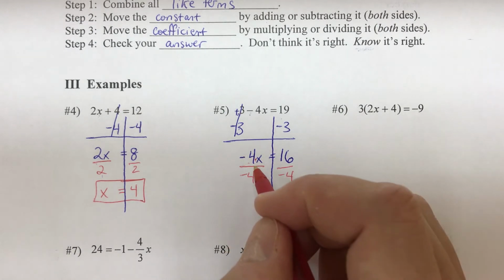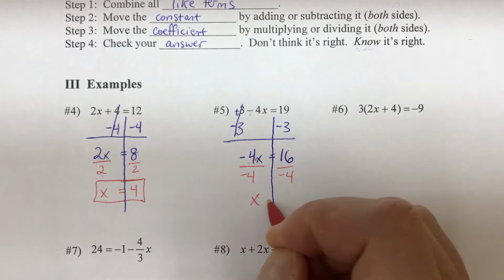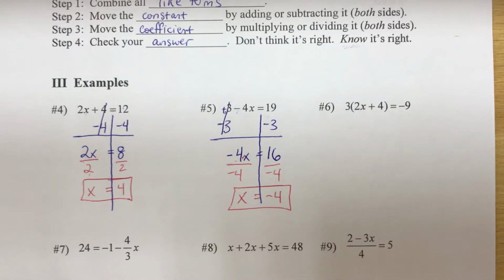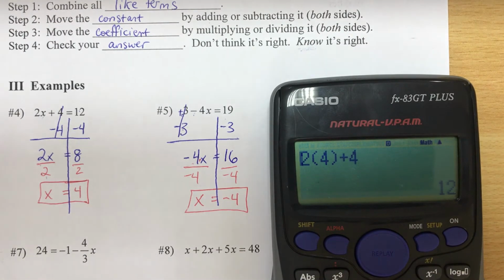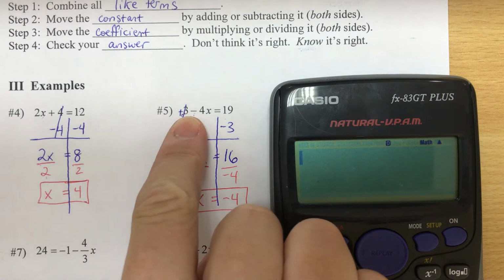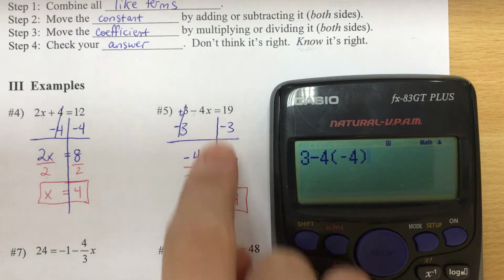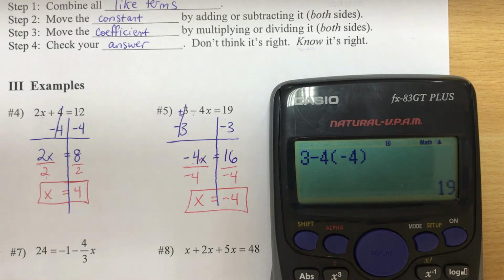We get 1x, positive 1x, equals negative 4. And check it. So now I'm going to type 3 minus 4 times, what was the x? Negative 4. We should get 19, the right-hand value, and we do.